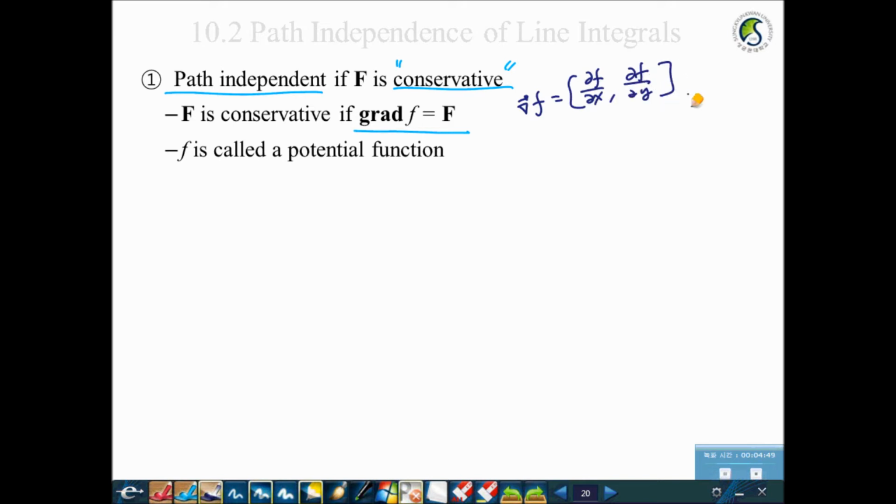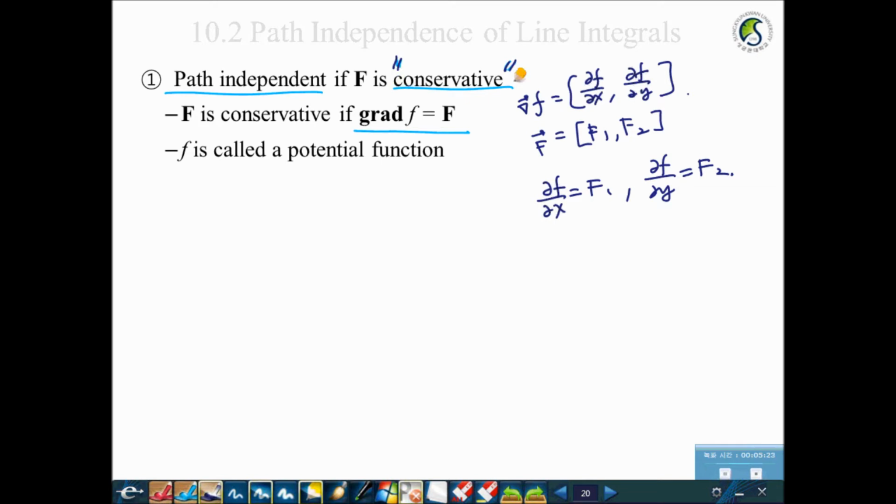I'm just writing x and y only, and F is F1 and F2. So if df over dx is F1 and df over dy is F2, then we say it's conservative. That's the mathematical definition of conservative.